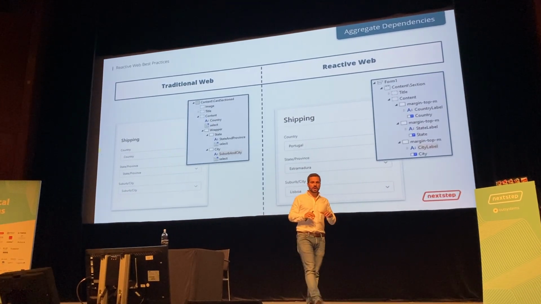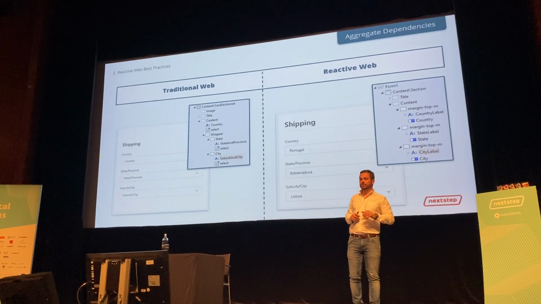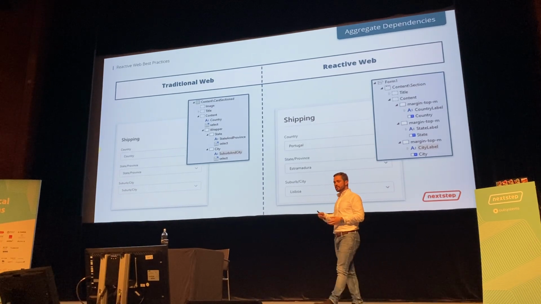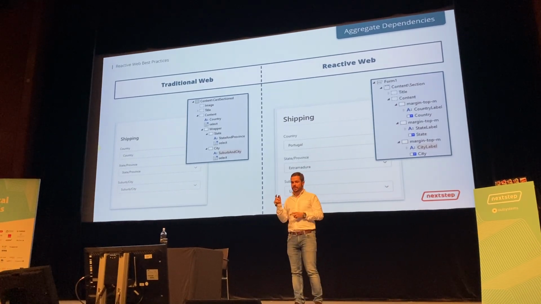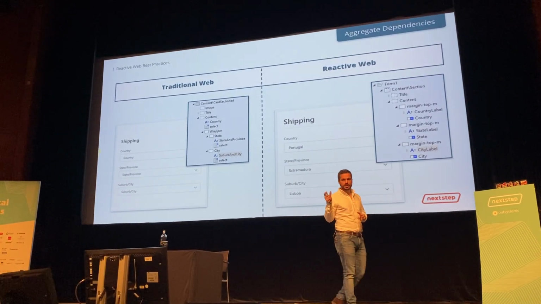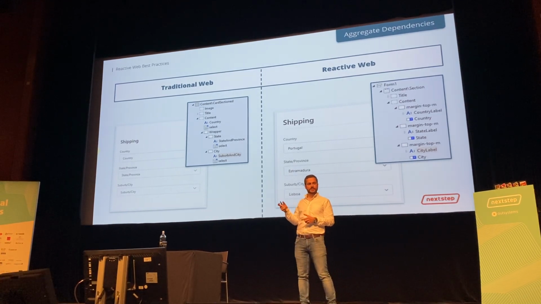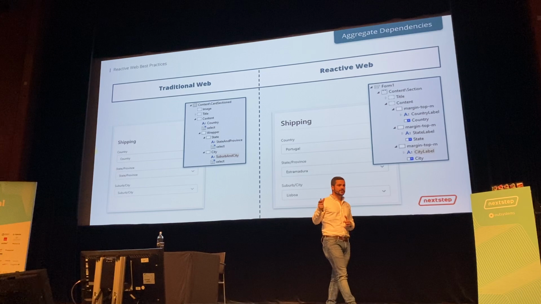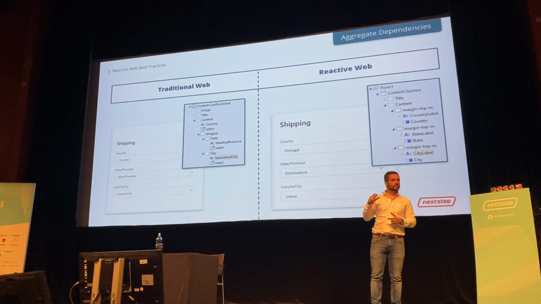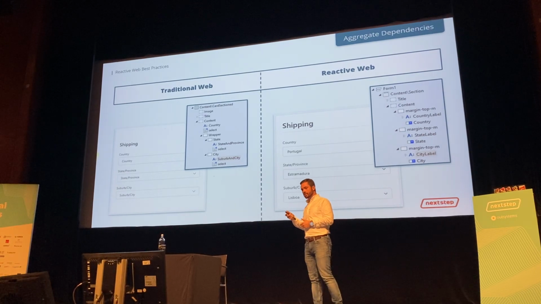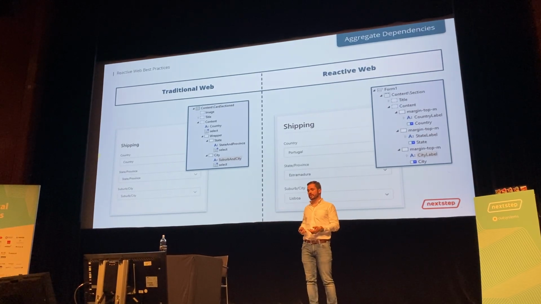So for example, if we look into the traditional web, we have all the components like labels and drop-downs. However, as you can see here, we have a wrapper that is a container, and then we have a container for the city and the state. The reason why we are doing this is because we are preparing for refreshing the content inside the combo boxes or the drop-downs to make sure that we have the right information.